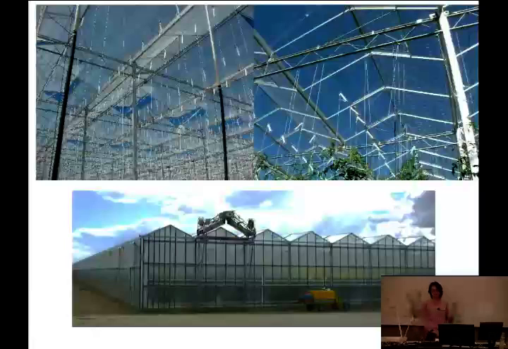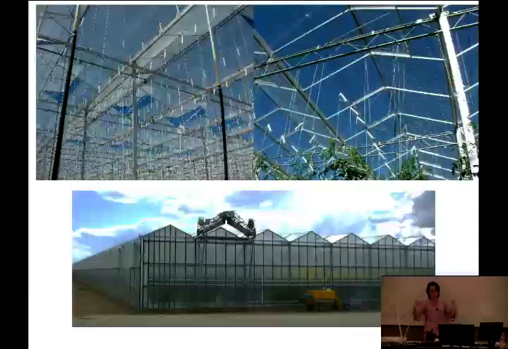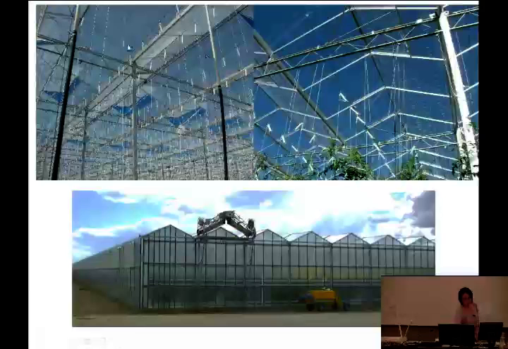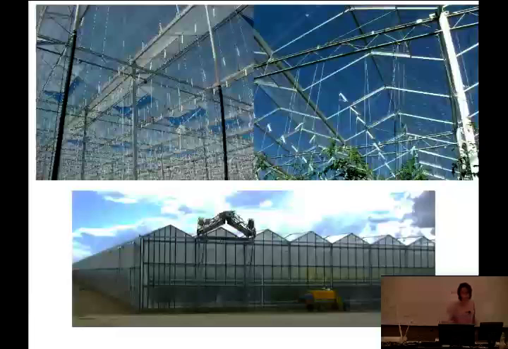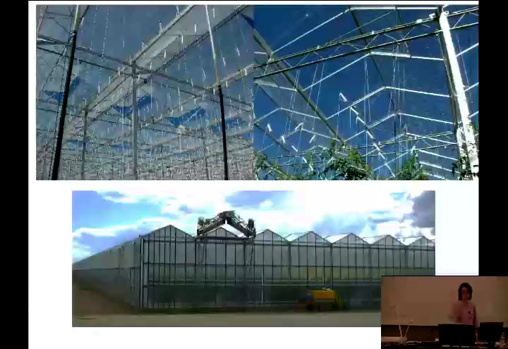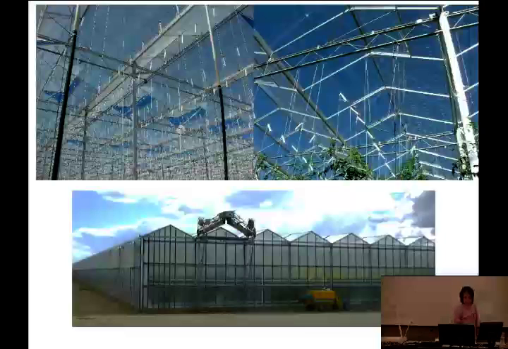So if there is too much radiation outside, you really need to reduce it. Otherwise, you can't maintain the temperature. So in that case, you use materials like that, or an internal movable shade screen, or outside, either way. That is a really important greenhouse management technique. Otherwise, plants get stressed, high temperature stress, high radiation stress, and then your yield is not going to follow the previous straight line.